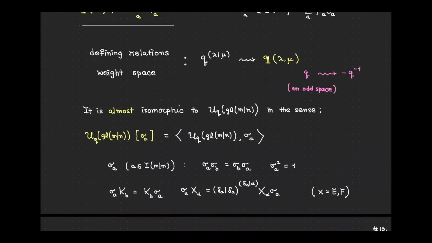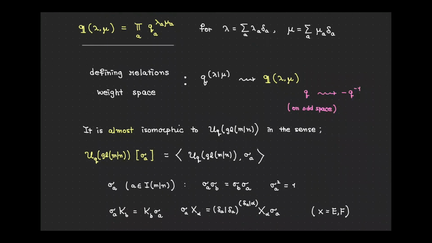And I didn't give a definition for the other version of quantum superalgebra, but anyway, it's almost isomorphic to the UQ-GLMN. They are not actually isomorphic, but if we extend by adding some generators, then there is an algebra isomorphism.